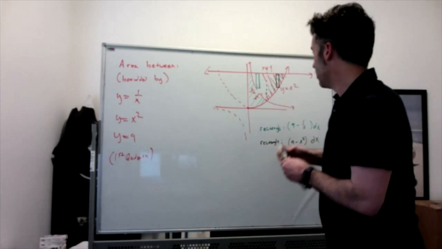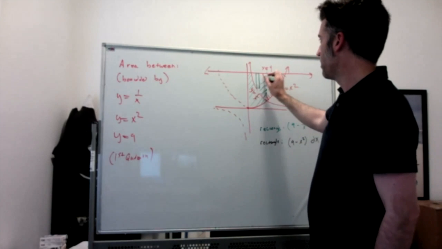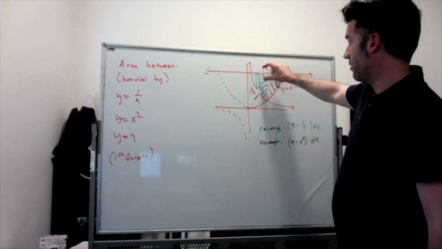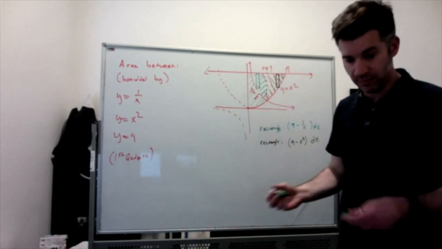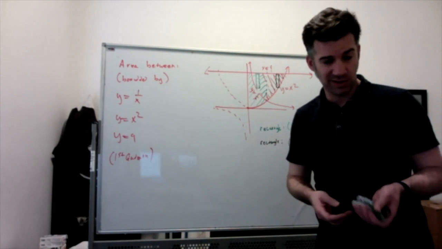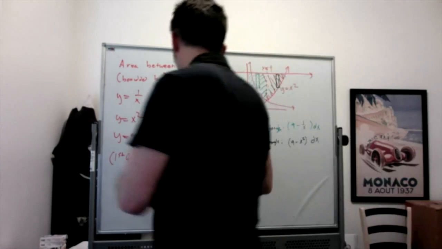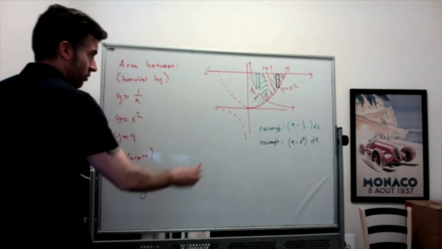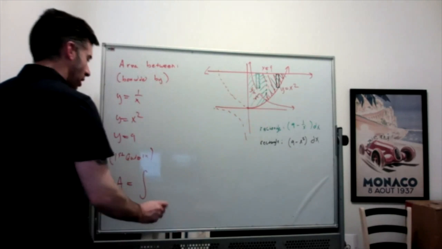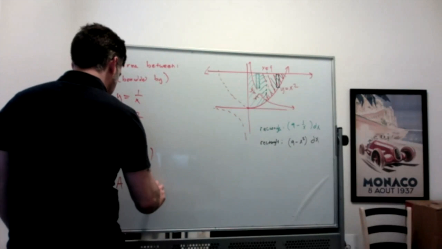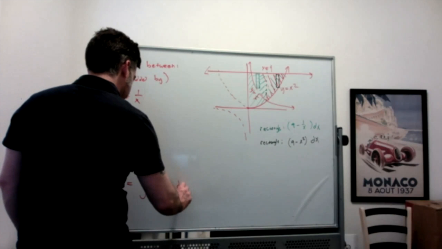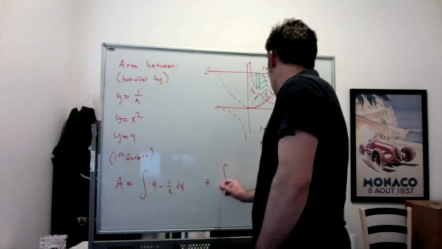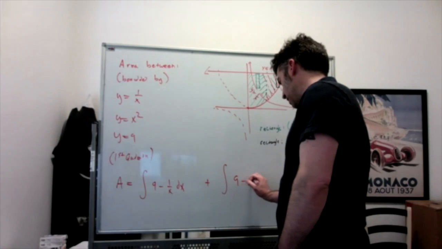And in this region over here, I'm going to add up the areas of the rectangles where the height is 9 minus 1 over x. So I have to set up two intervals. My total area is going to be this first integral, so this green one, of 9 minus 1 over x dx, and this second integral of 9 minus x squared dx.